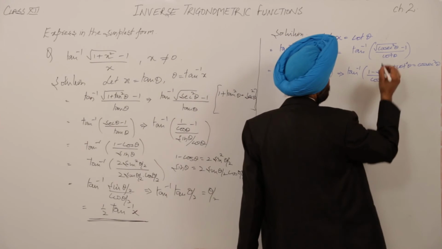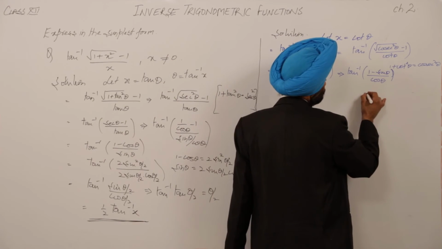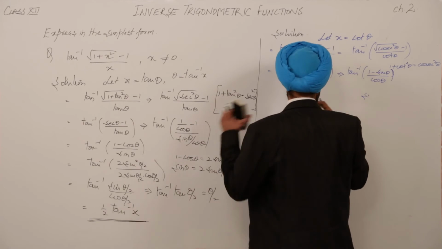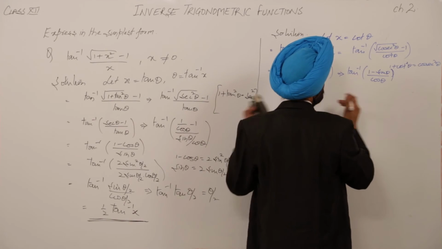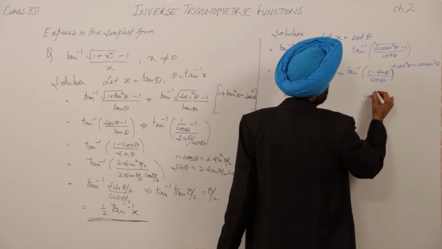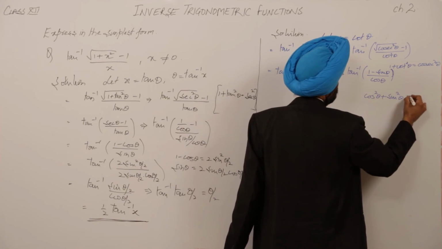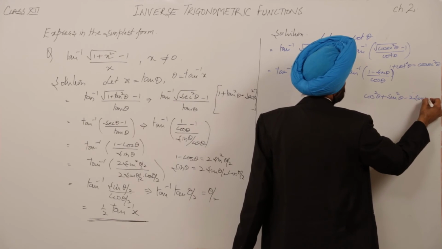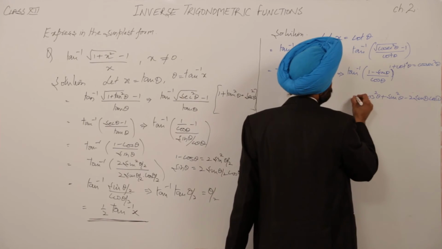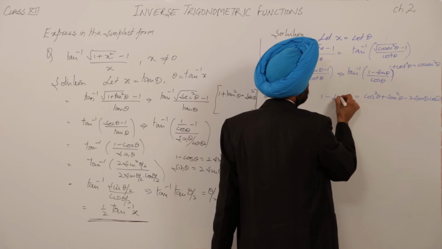So for 1 minus sin theta, just check, can I write it like this: cos square theta plus sin square theta minus 2 sin theta cos theta? This is for 1 minus sin theta.